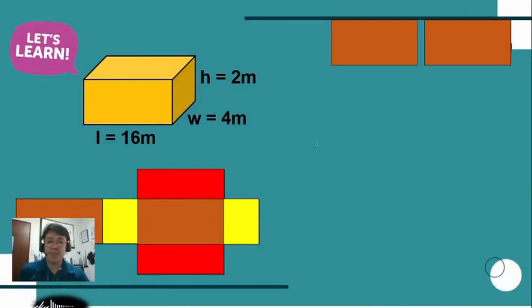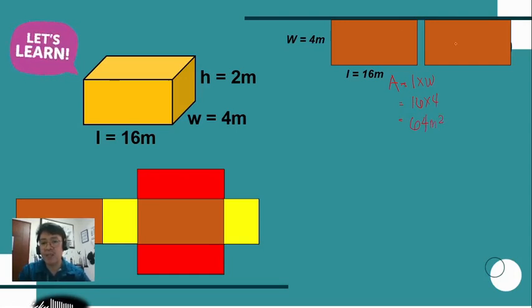If this will be the top and the bottom, we can say that its length is equal to 16 and its width is equal to 4 meters. To get the area, we simply multiply length times width. So length is 16 times width is 4. 16 times 4 is 64 square meters.